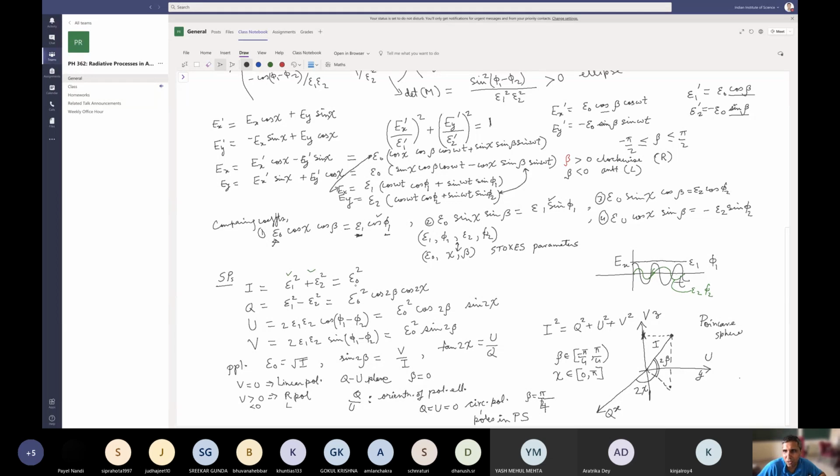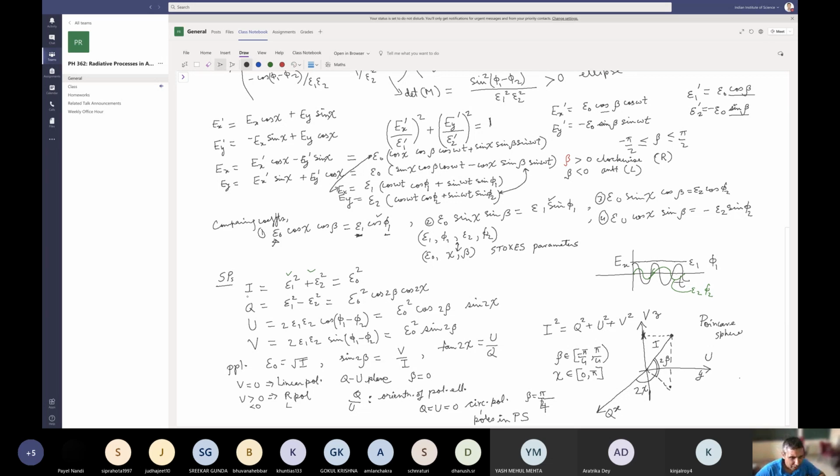It was epsilon naught cos beta. The amplitudes along the semi-major and semi-minor axes were cos beta and sin beta. In fact, the absolute value of beta is less than 45 degrees because we are assuming that epsilon 1 is the semi-major axis. So epsilon naught cos beta is bigger in magnitude than epsilon naught sin beta.